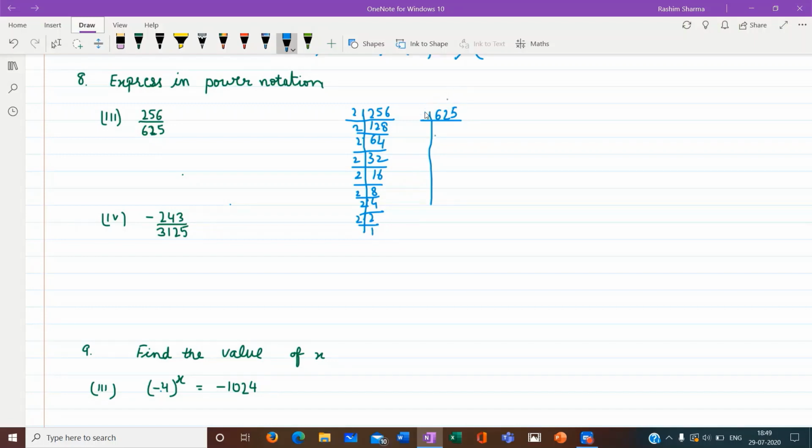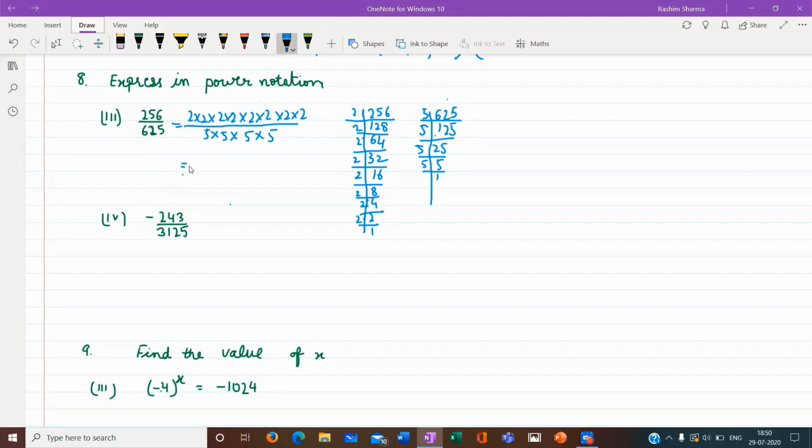Same way we can find for 625. Here 125, then 25, then 5 5s. So here we get 256 as a product of prime factors, where 2 is here 8 times, and in 625 we have 5 4 times.